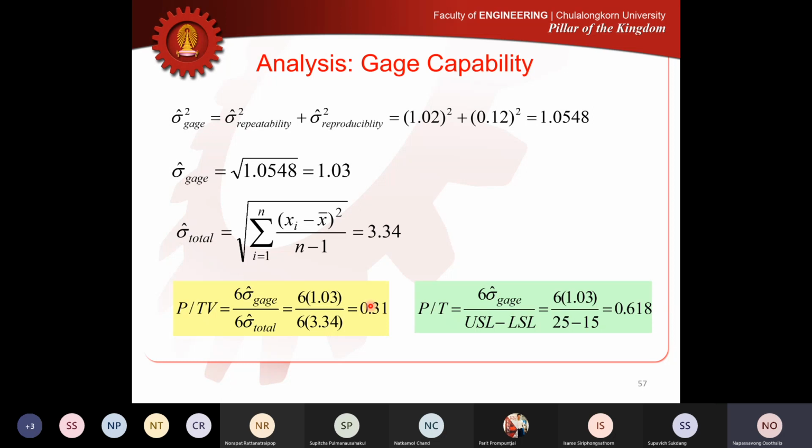So this is the formula to give you an idea of how we quantify each element of the variation: sigma repeat, sigma reproduce, sigma gauge, sigma total, and convert those numbers to the P to TV ratio and make a decision.